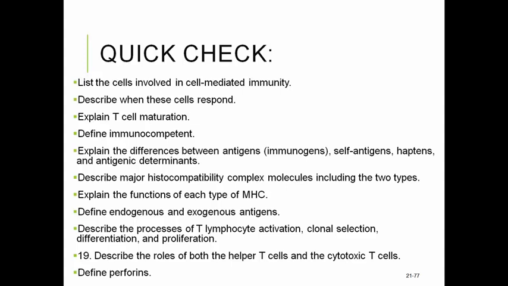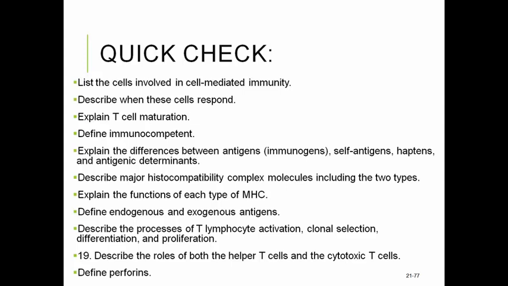All of those are examples of haptens that would create an immune response in some people. If we describe the MHC complex, we know you have MHC1 and MHC2, and we differentiated between each type, we looked at the functions of it, and we looked at what T cells respond to each one of those. Then we looked at endogenous and exogenous antigens. Endogenous, of course, are cells that are infected or cells that are diseased inside. Exogenous antigens are the ones that are displayed outside of the cell.